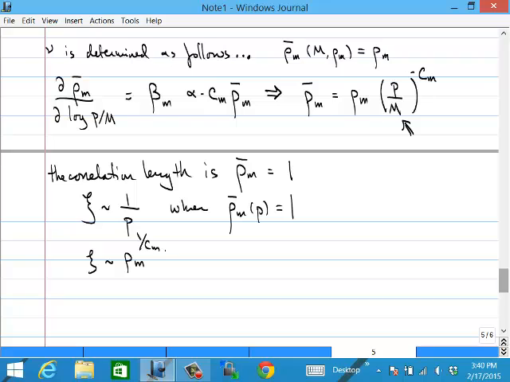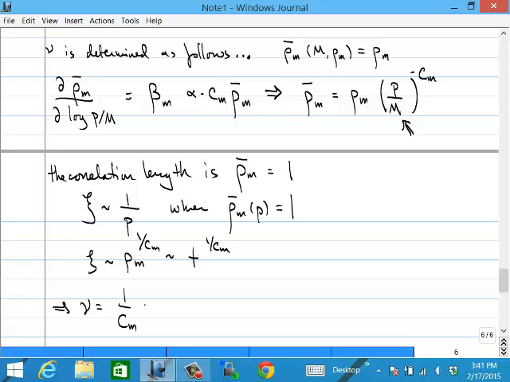So this goes like t to the 1 over c. So that means that the critical exponent is 1 over c, where c is the leading coefficient in the beta function at the critical point.